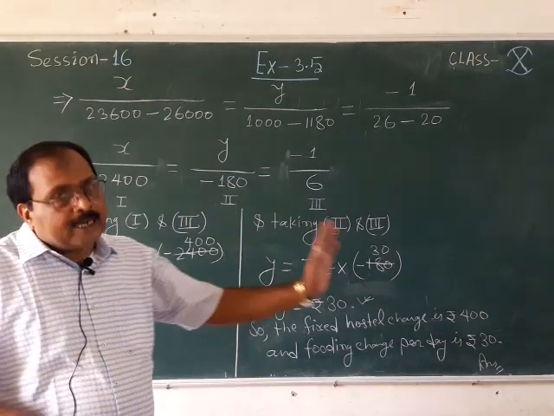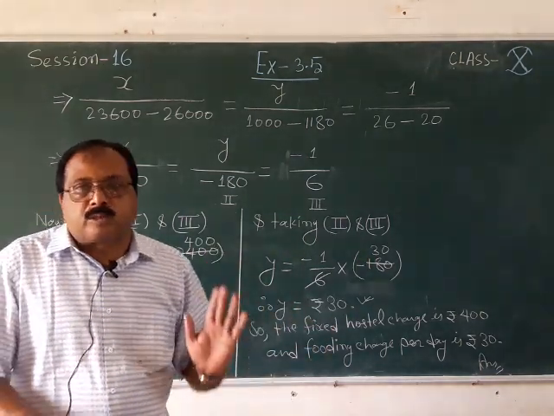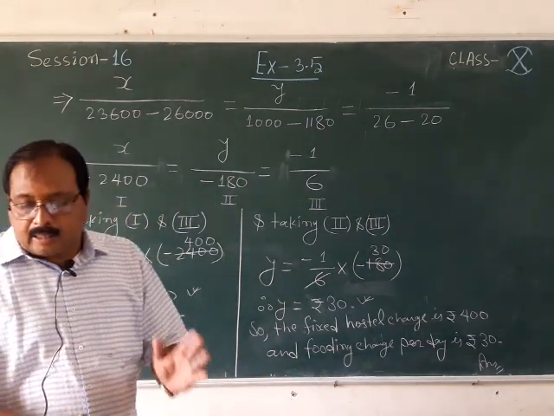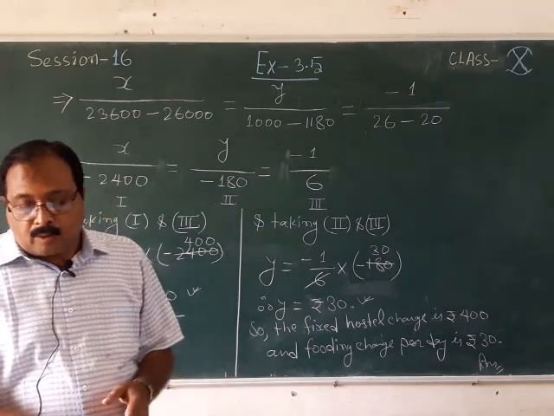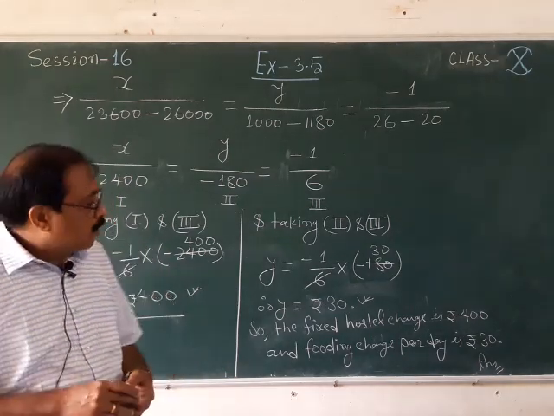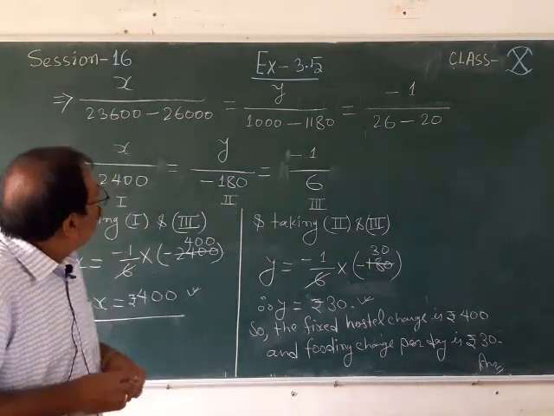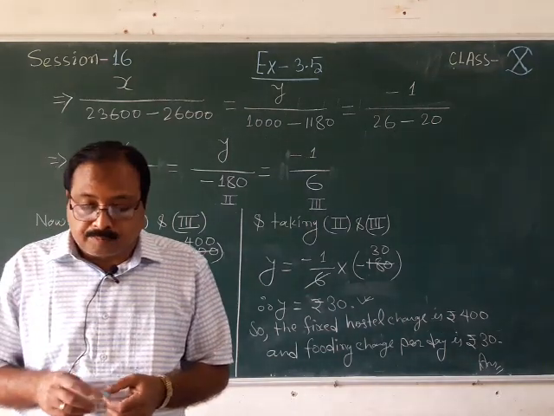In the rough side also you can check it. If a solution is possible, then only you start the solution, otherwise you will waste your time. Ultimately you will see that there is no solution and your time is taken. So like that you can do the question. This was question 4.1 of exercise 3.5 of your NCERT book.